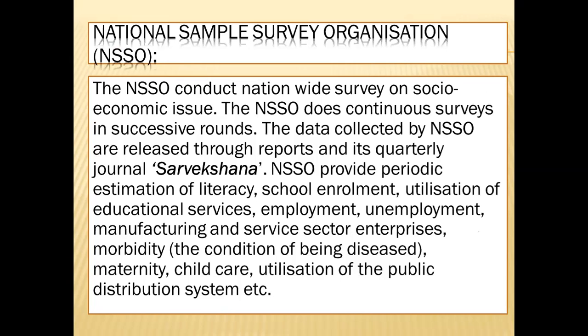The National Sample Survey does continuous surveys in successive rounds, like the 59th round, 60th round, 61st round, 62nd round, and so on. The data collected in successive rounds is released through reports and its quarterly journal, Sarvekshana. Through this journal, the data is published.